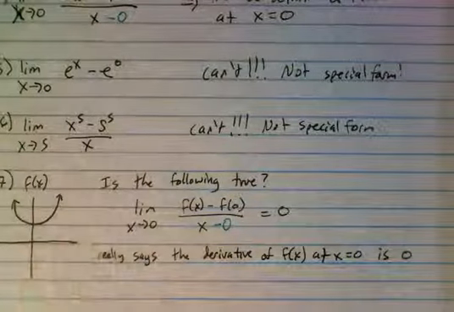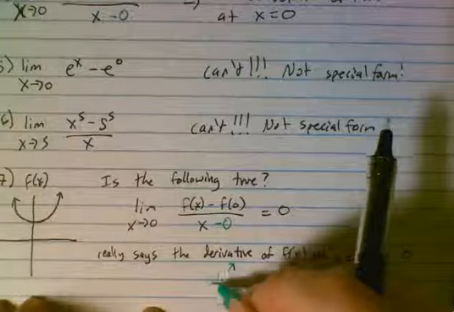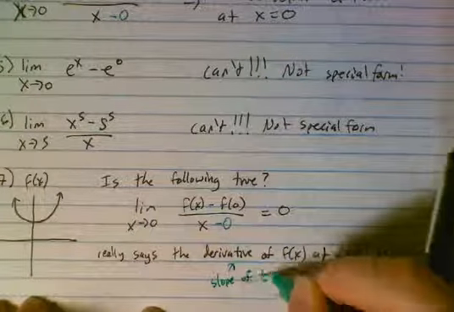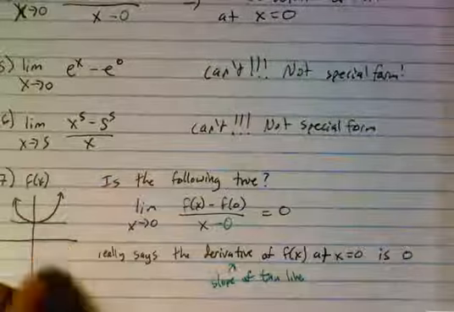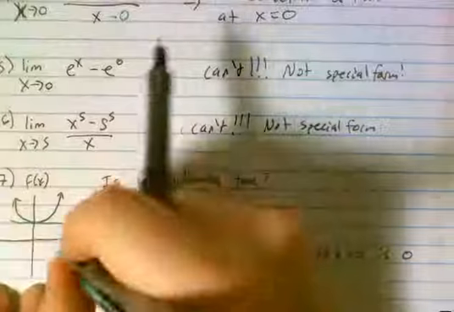Well, if we look over here, derivative, that's the slope of the tangent line. Slope of the tangent line at x equals 0, sure indeed looks like 0.